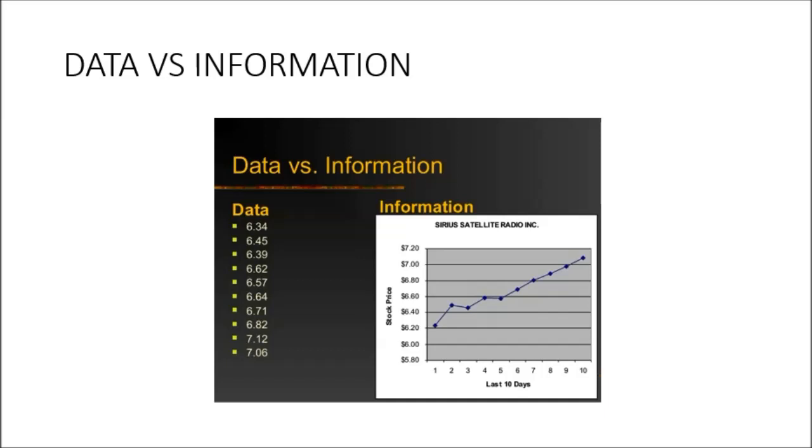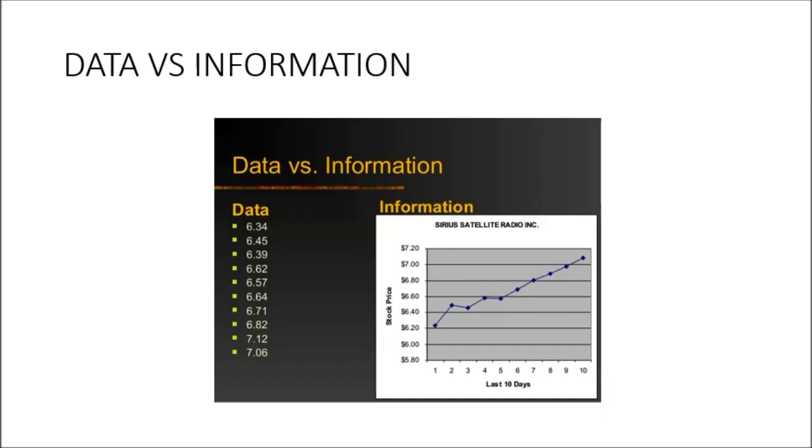This shows the trend in the stock price for the last 10 days. If you organize data in this fashion, it conveys some information. We can easily see the trend for the last 10 days, and therefore it adds context to your data.